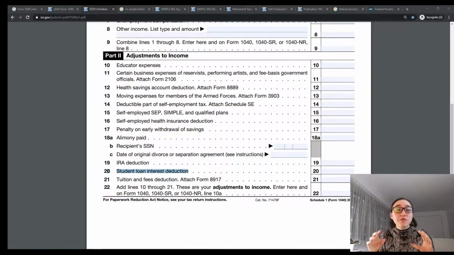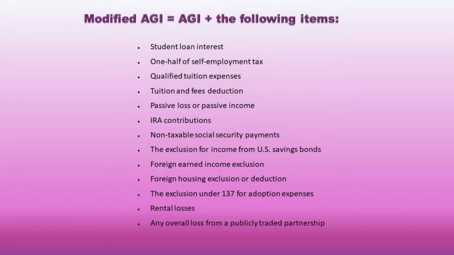The deduction amount is gradually reduced as your modified adjusted gross income rises. So what is modified adjusted gross income? It is basically the AGI that we've been calculating. It's interesting because you can use this interest deduction to arrive at your AGI, but it phases out at modified AGI.